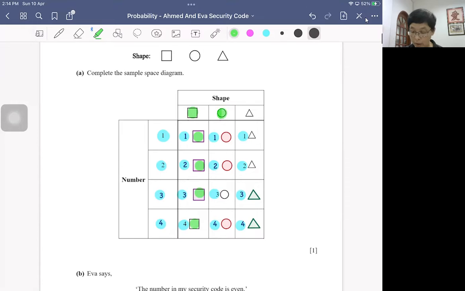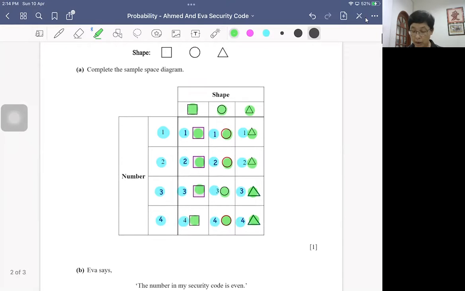And then you go to the circle, the same pattern will be arranged. And finally, that's how the triangles are arranged. So that is the simple pattern and logic the sample space is made up from.